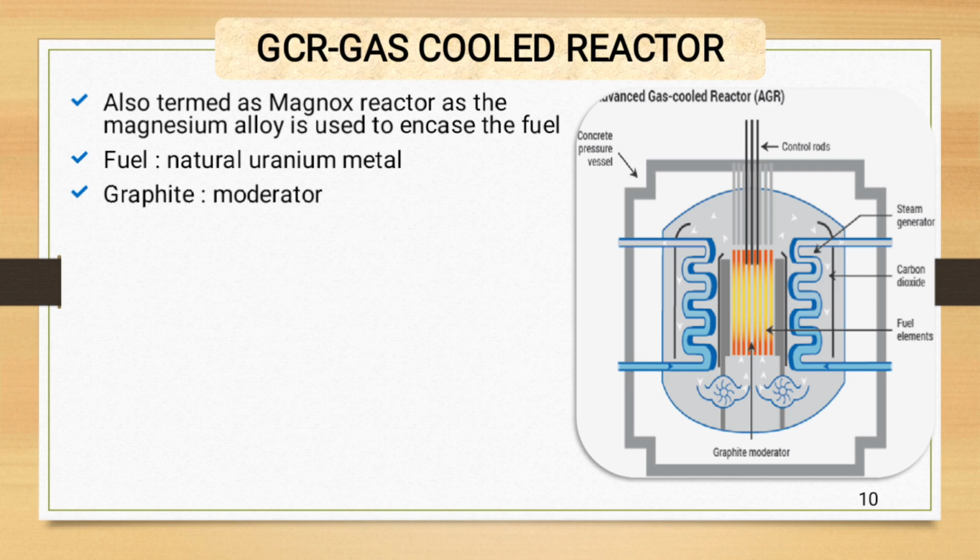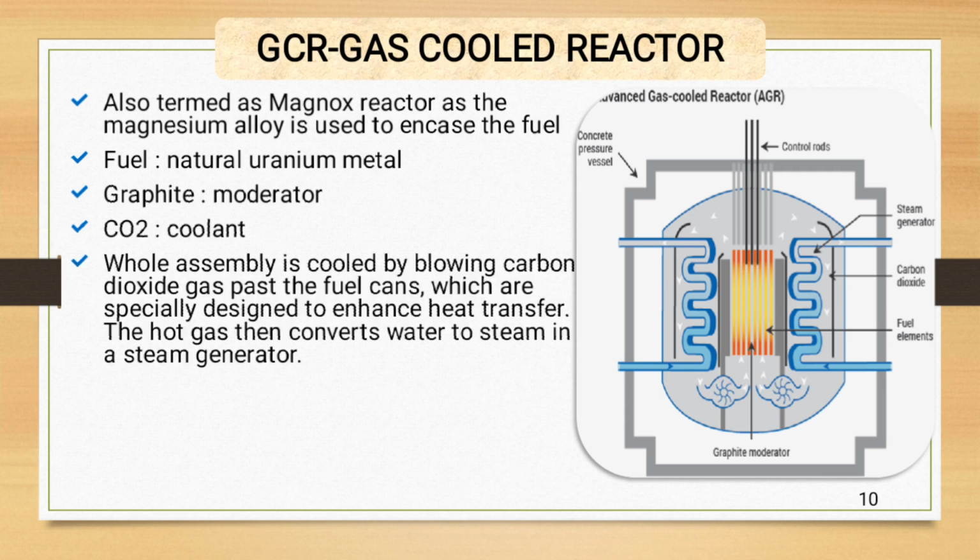Second, they do not harm the apparatus or the steel vessel through corrosion, as water causes corrosion, but carbon dioxide does not harm any apparatus. So carbon dioxide is used as coolant. The whole assembly is cooled by blowing carbon dioxide gas past the fuel cans, which are specially designed to enhance heat transfer. The hot gas then converts water to steam in a steam generator.